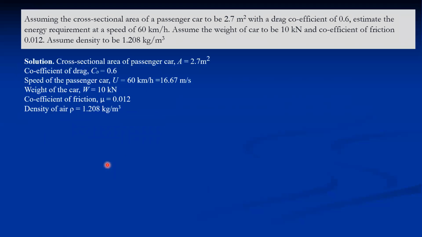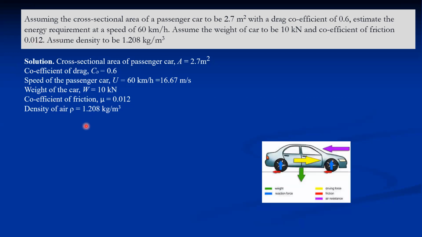So the given quantities we write in appropriate units: area, CD value. The speed of the passenger car is 60 kilometer per hour, so we convert it into meter per second. The weight of the car is 10 kilonewton, the coefficient of friction is 0.012, and the density is 1.2.